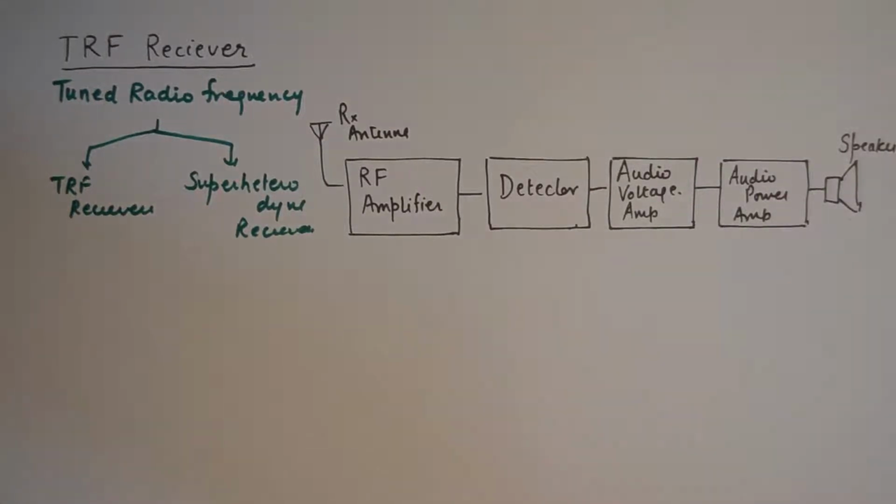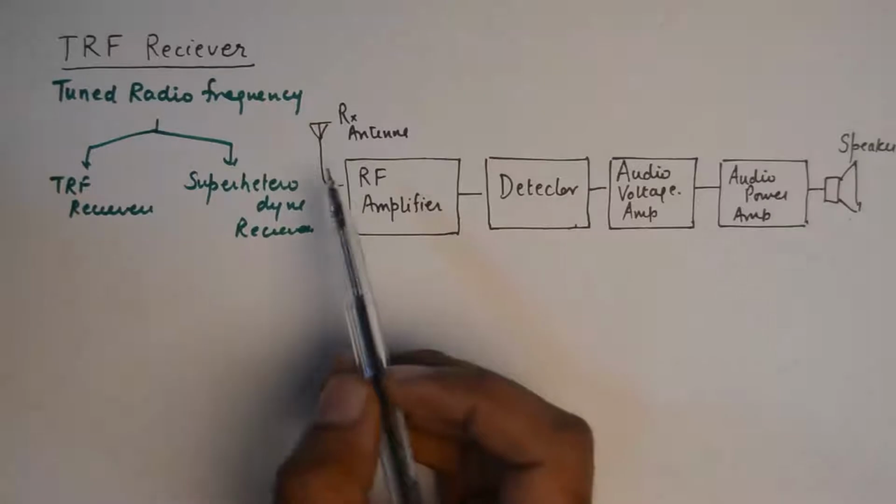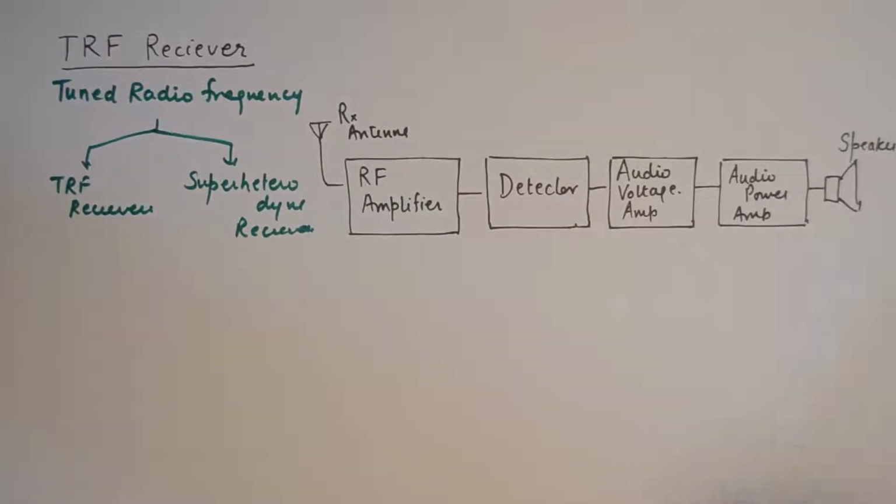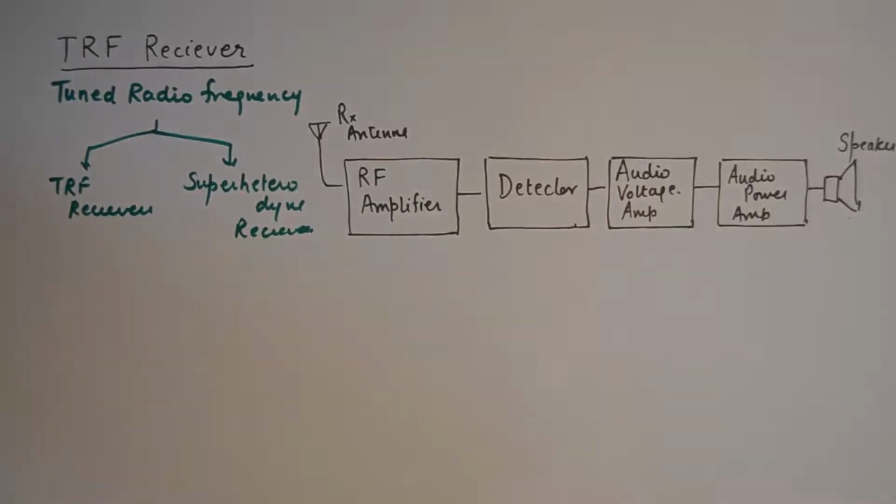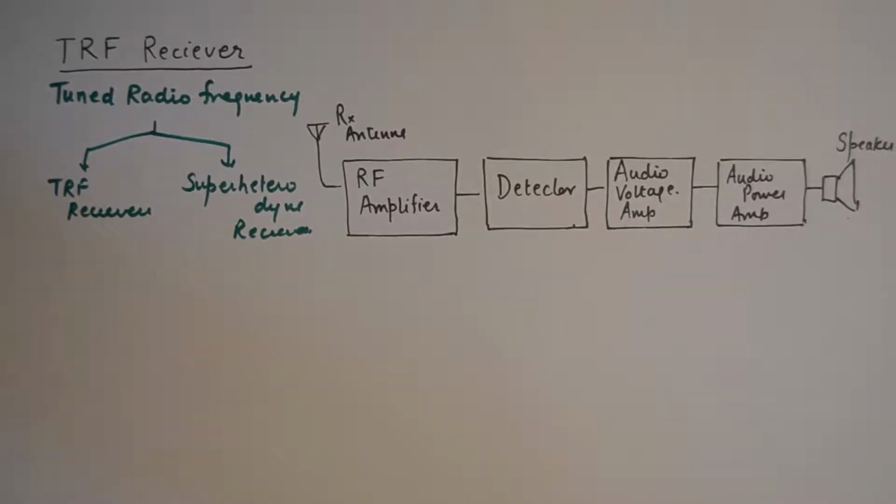Now let's study the block diagram of the TRF receiver, which essentially consists of 4 blocks, a receiving antenna, and a speaker at the terminating end. The primary objective of this whole receiver is to receive the signal, extract the message out of it, and present the message in the form of an audio signal to the user.